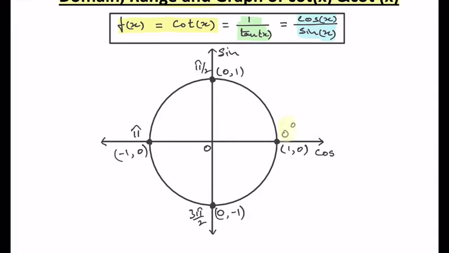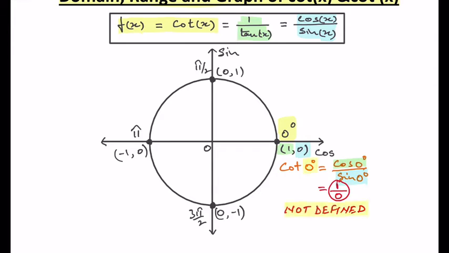Now at 0, cot 0 is cos 0 over sine 0, where cos 0 is 1 and sine 0 is 0. So 1 over 0 is not defined. So at 0, this function is not defined.